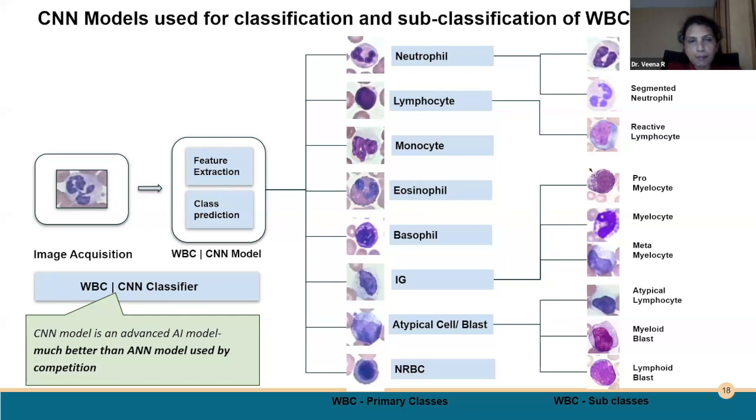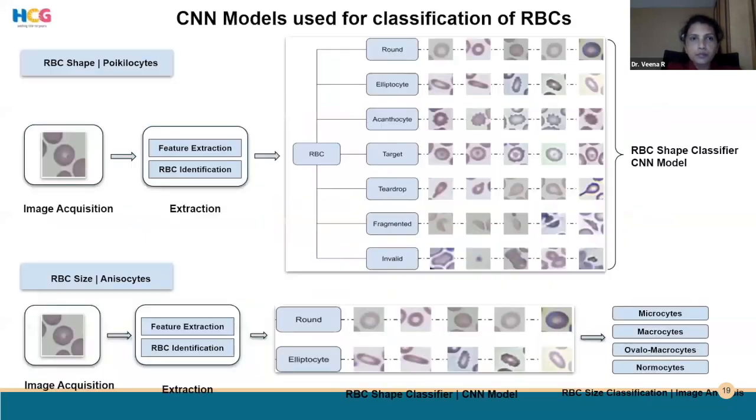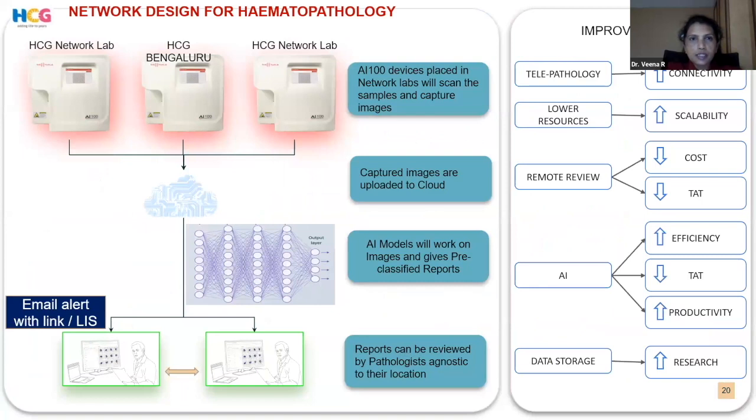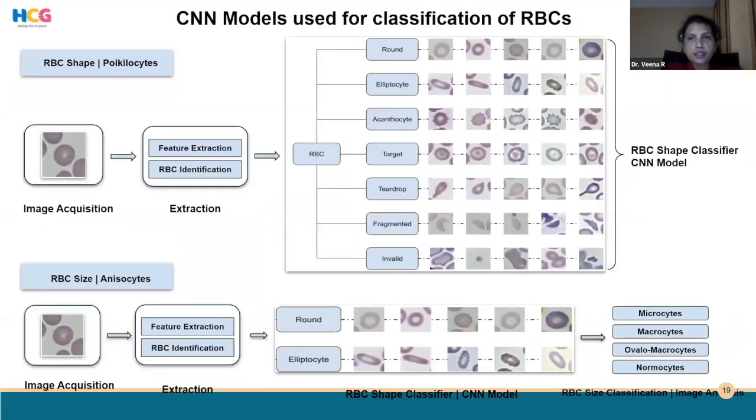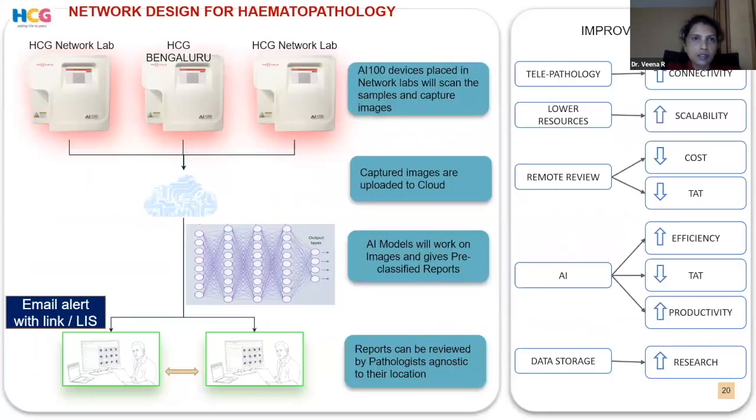So they were happy with this feature. And in the RBCs also, it is able to predict the type of the red cells, and the morphology, and also the different poikilocytosis, anisocytosis, and the possible anemia. So this was another feature that we were able to use in our clinical practice. And as I said, Bangalore is the central hub, and we have AI 100 in 3 more locations.